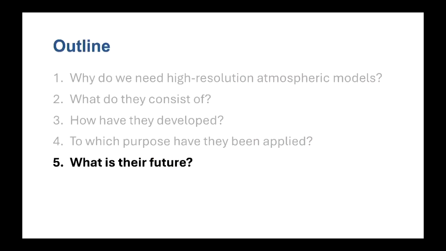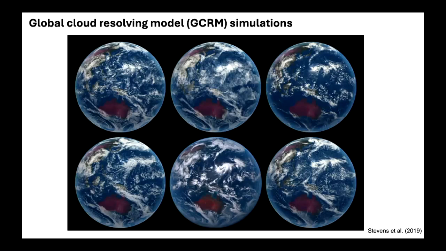Okay, so just to finish off this lecture, I'll share a little bit of a perspective on what the application in the future could be. I mentioned earlier, in the past 20 years or so, we really saw a very significant development of the computation as well as applying this cloud resolving model to a global scale, right?